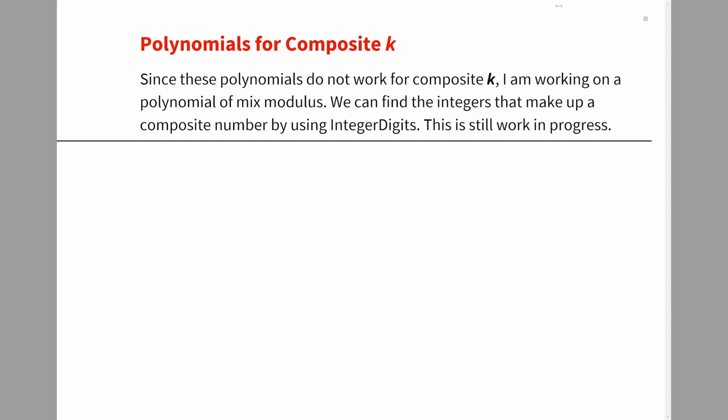When I tried 12, of course, I can have 2 polynomials of modulo 2 and a polynomial of modulo 3, and that actually solves the problem. But I don't have the answer to that. It's still in progress, but I wanted to show that that's the direction I'm going.